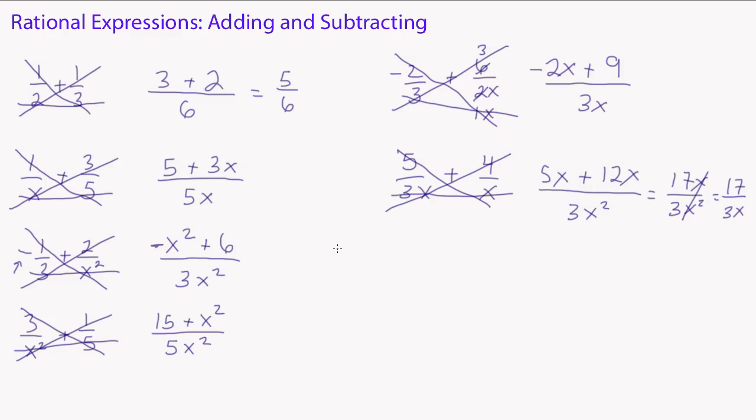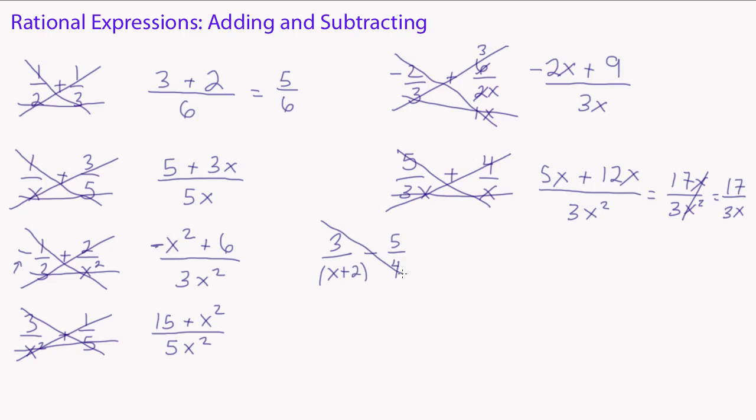All right, let's do another problem here. 3 over x plus 2, take away 5 over 4. Okay, you'll notice here that the denominator is a binomial. So let's put parentheses on it so that we understand that anything we do with this binomial, we're going to have to multiply it to these two terms.